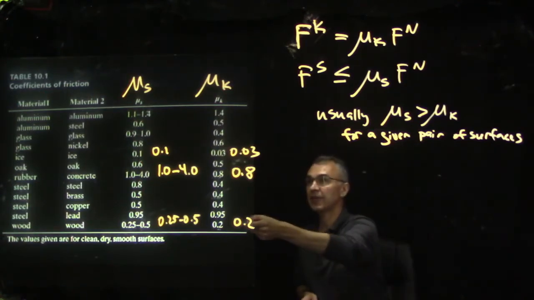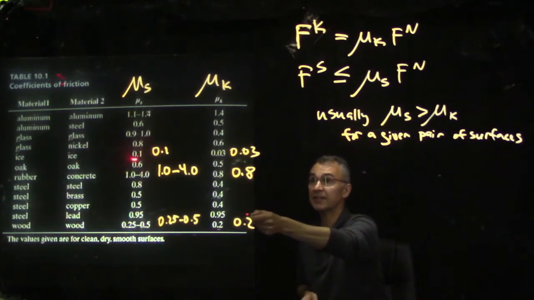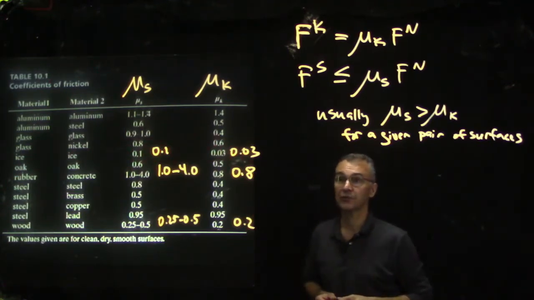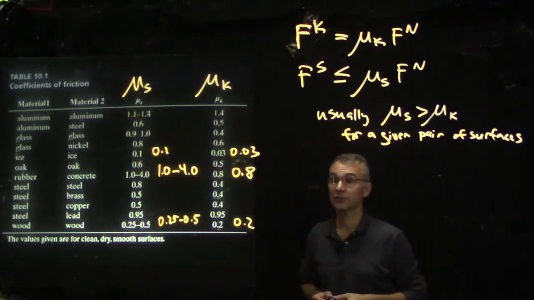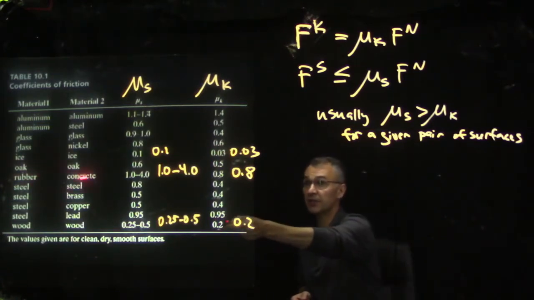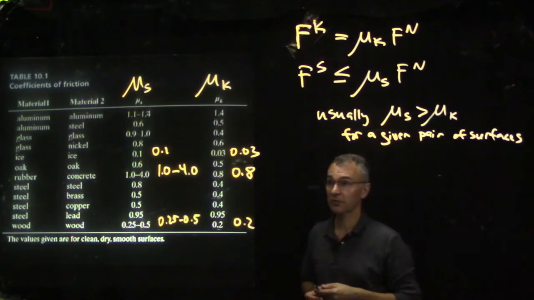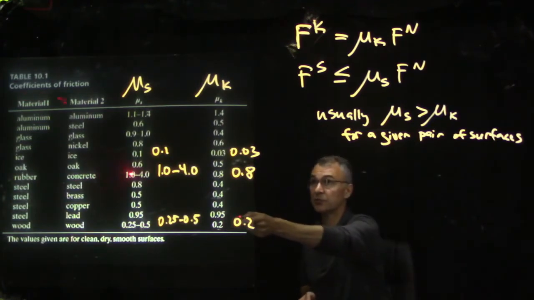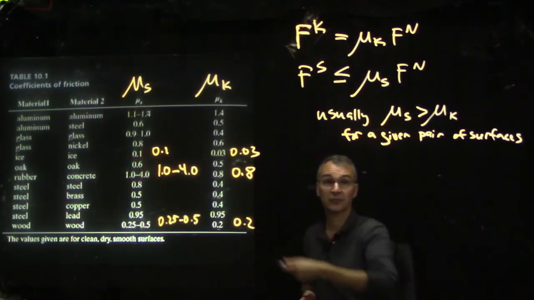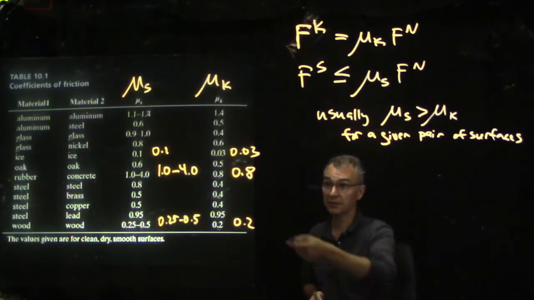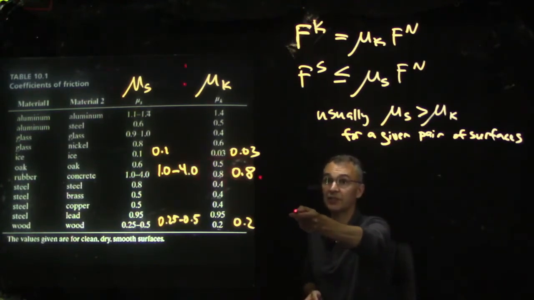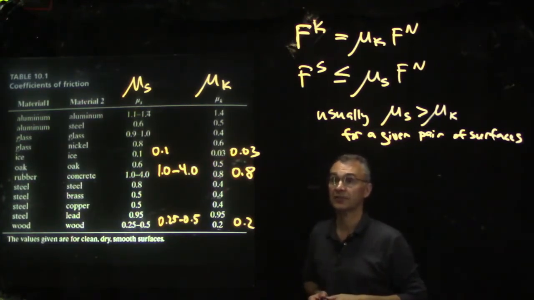And just a few examples, like ice on ice, mu static is 0.1, mu kinetic is 0.03. Okay, so that's a really small coefficient. Rubber on concrete is kind of at the other end. So rubber on concrete is a very good contact. So mu static is between 1 and 4. Okay, so that's really big. Whereas mu kinetic is 0.8.